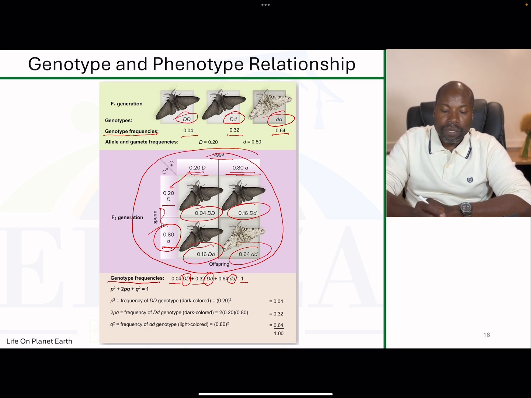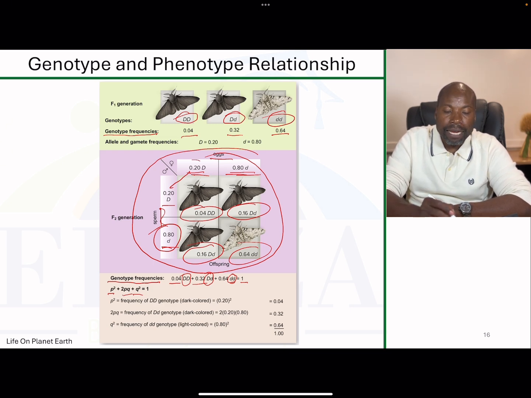Now, capital D can also be written p squared, while lowercase d can also be written q squared, while the heterozygous can be written 2pq. So 2 times p times q.